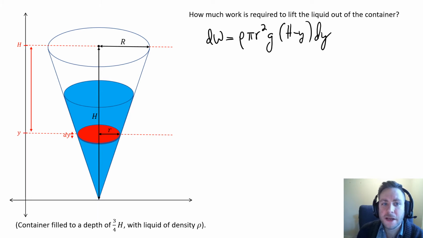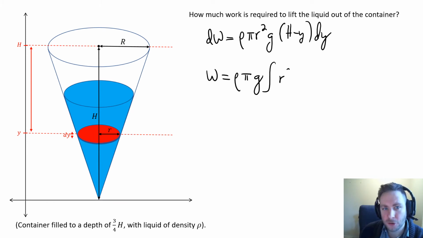All that remains now is to add up the work done on all the disks, and that's done by taking the integral of dw. The constants being multiplied here are rho, pi, and g, so they can be pulled out front of our integral. It's important to recognize that lowercase r is actually not a constant because the radius of the disk changes depending on which disk you look at.